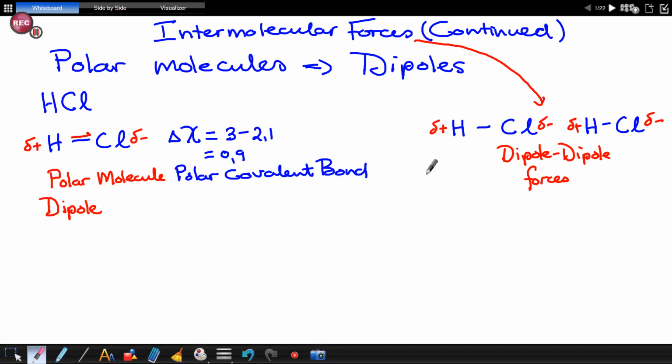You can't have an intermolecular force if you have only one molecule. So you need two molecules to have intermolecular forces, forces between two molecules.